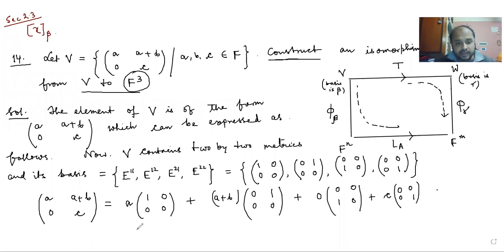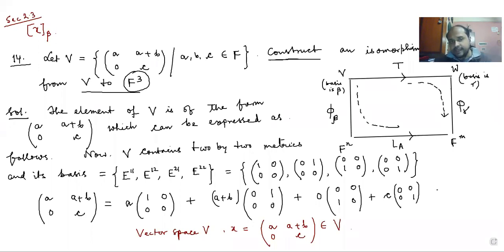Here my vector space is V, and x is actually the element of the form a plus b, 0 and c. This matrix is an element belonging to the vector space V. So I'm writing on the next page. Okay, probably you have copied it.